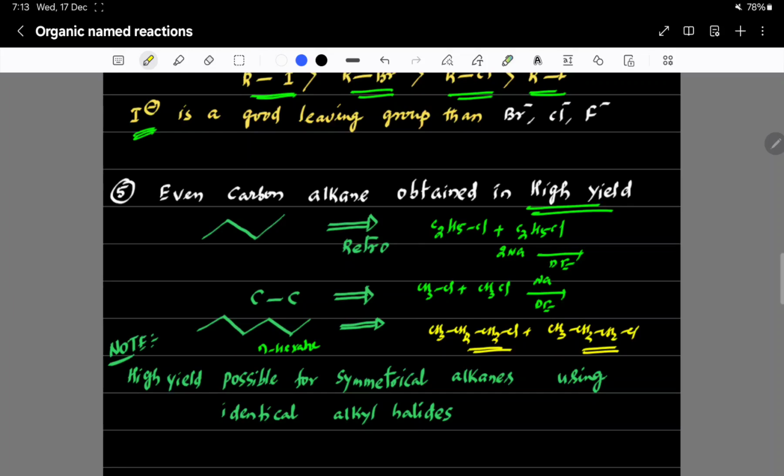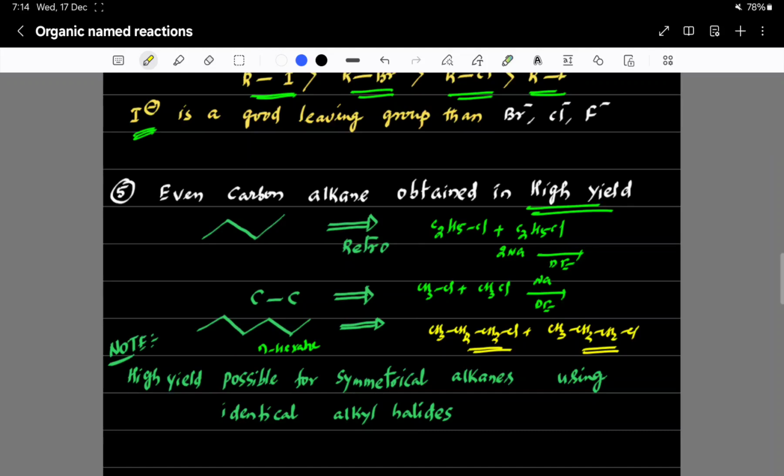You can ask a doubt also: sir, we are preparing hexane by using propyl chloride, why not any other material? Yes, you can use ethyl chloride and butyl chloride, right? You will get the product. And you can use methyl chloride and pentyl chloride, you will get the product, but cross products are possible.